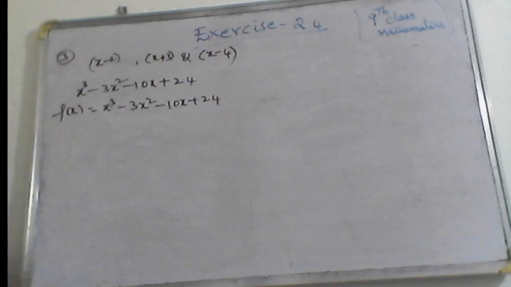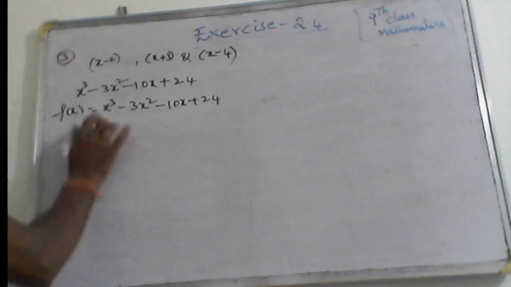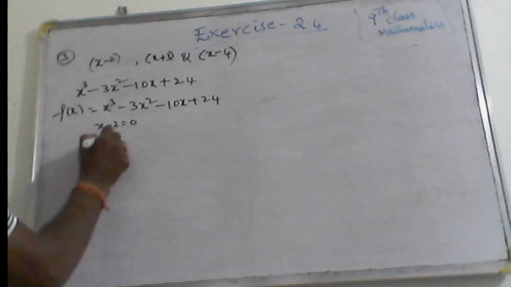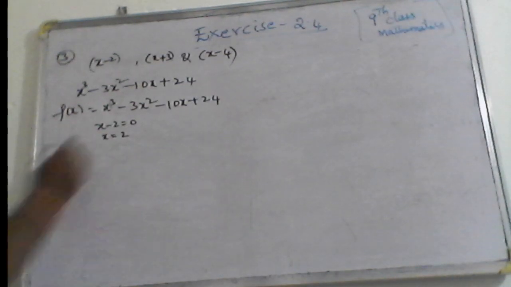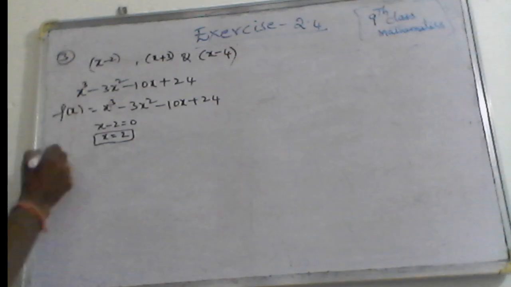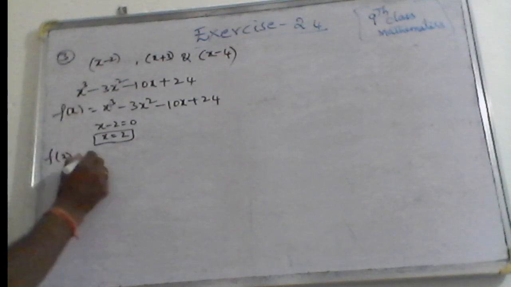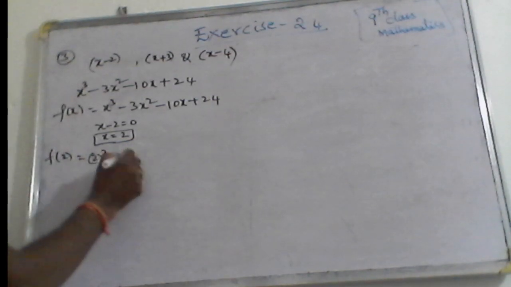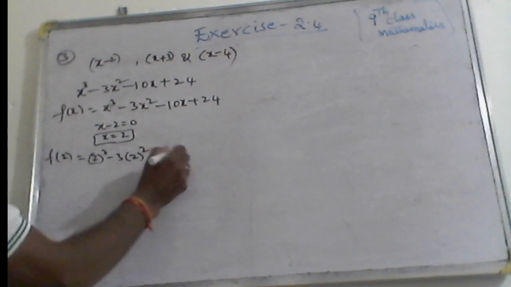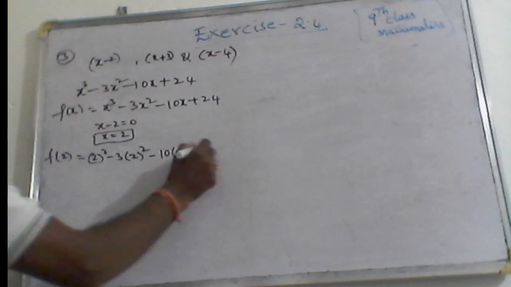So show that x minus 2 is a factor of the given polynomial. So x minus 2 equal to 0, x equal to 2. So substitute this value. f of 2 equal to 2 cube minus 3 into 2 whole square minus 10 into 2 plus 24.